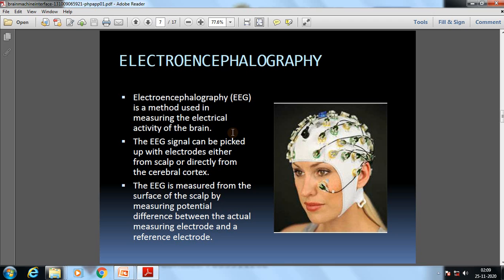The EEG is measured from the surface of the scalp by measuring the potential difference between the actual measuring electrodes and the reference electrode. All those voltage differences will be calculated as data. All those data will be stored in a specific processor and fed to the system.